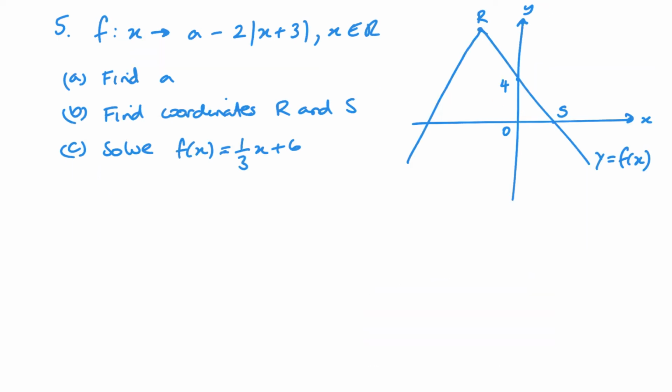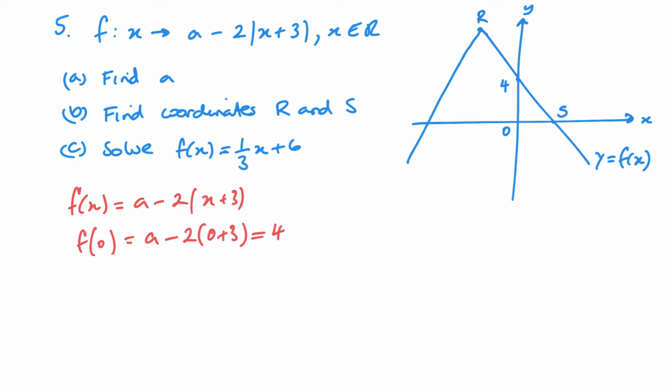Okay, question 5. So we know, looking at f of x here, a minus 2 brackets x plus 3. We know the coordinate 0, 4 lies on this line, so f of 0 must equal 4.